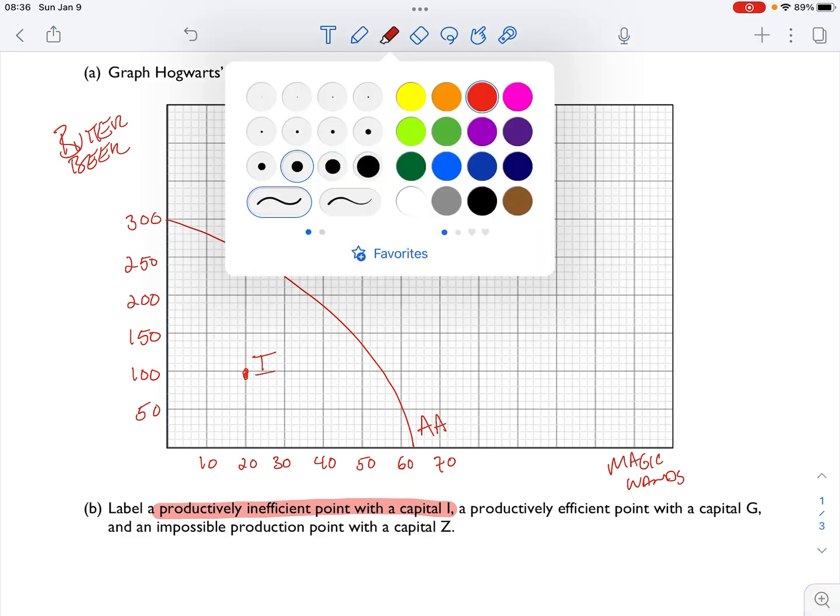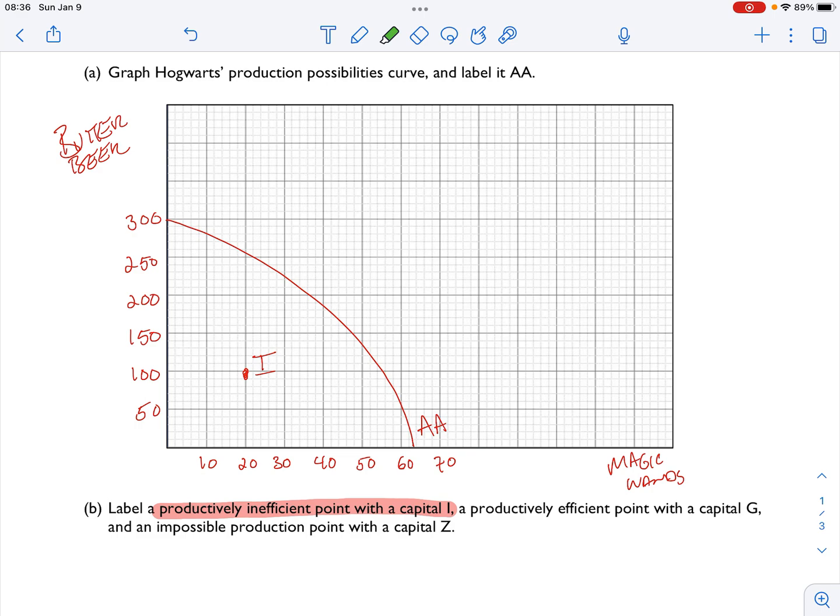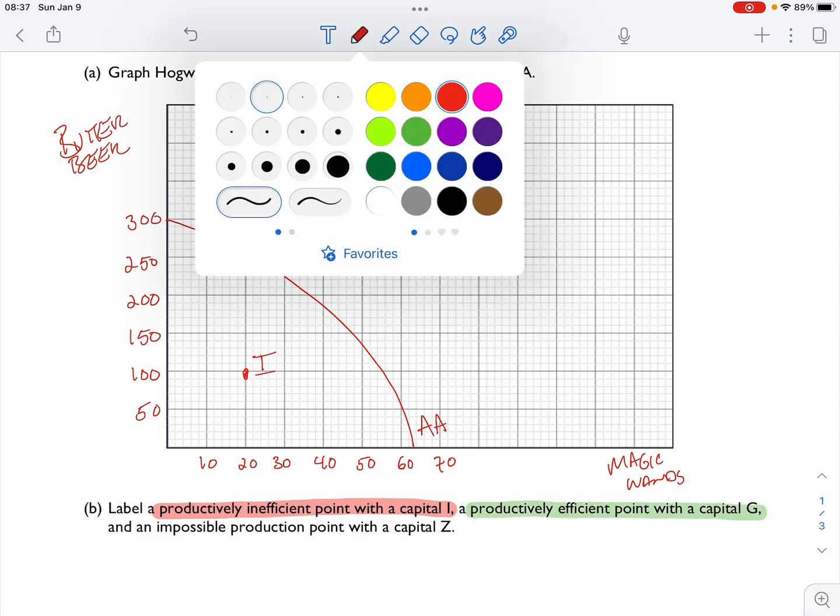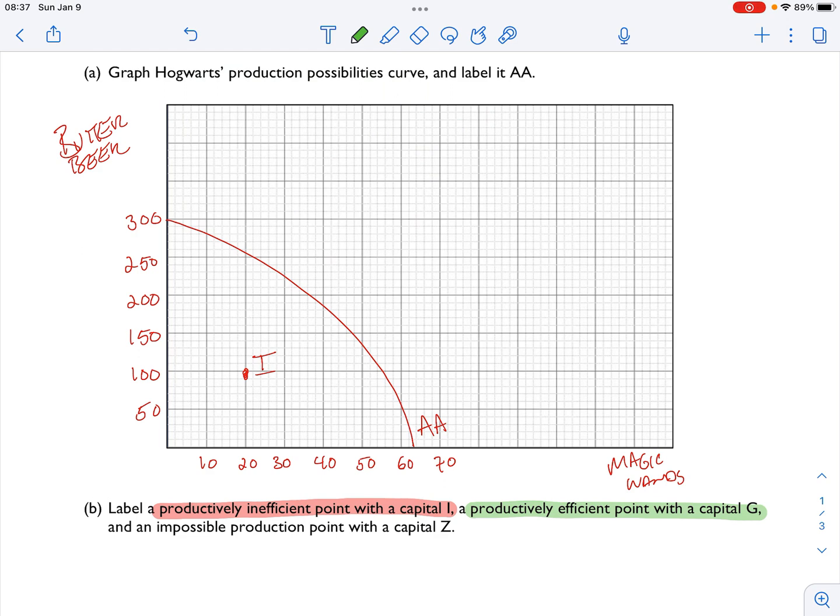The next one that they want us to label is a productively efficient point with a capital G. Our capital G should be anywhere along the production possibilities curve. So I will put my capital G there at roughly 195 Butterbeers and maybe 39 magic wands.